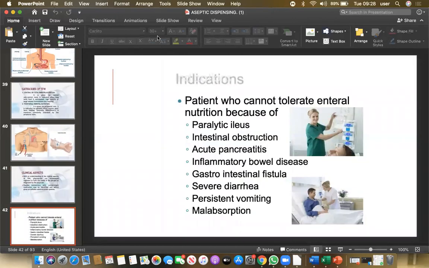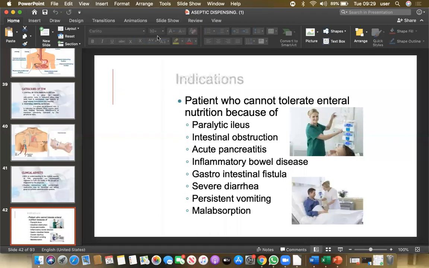Now, when does the patient have to be prescribed parenteral nutrition? A patient who cannot tolerate enteral nutrition, who cannot take feed or nutrition through oral routes, due to paralytic ileus, intestinal obstruction, acute pancreatitis, inflammatory bowel disease, gastrointestinal fistula, severe diarrhea, persistent vomiting, or malabsorption.